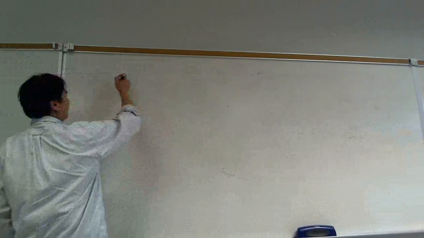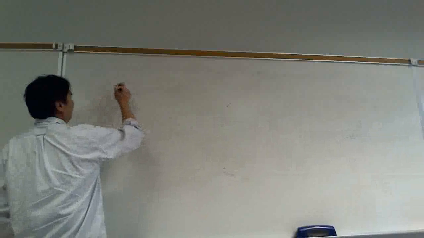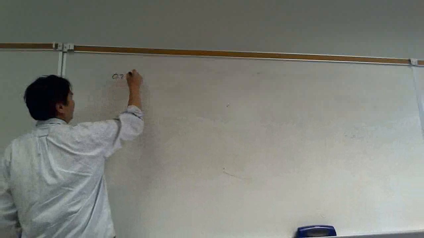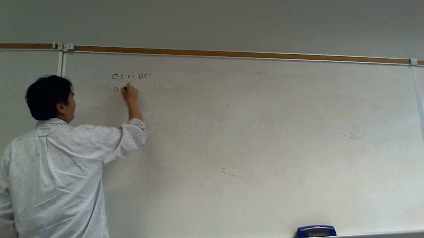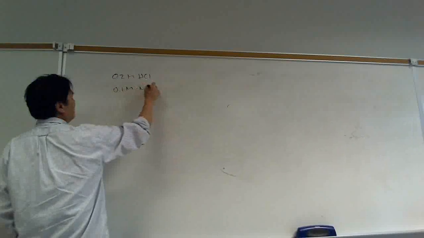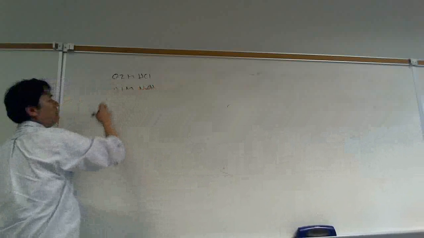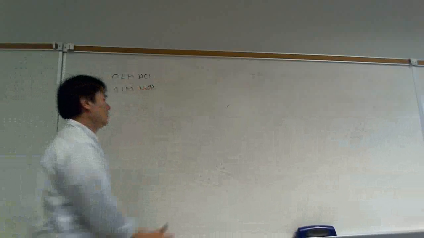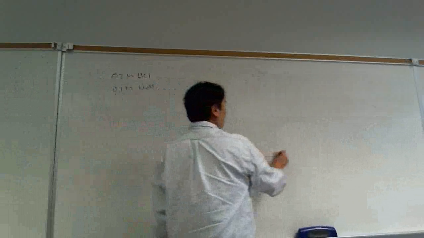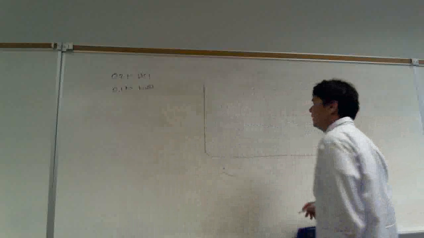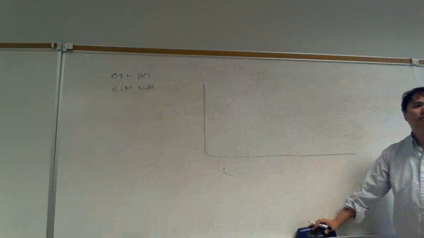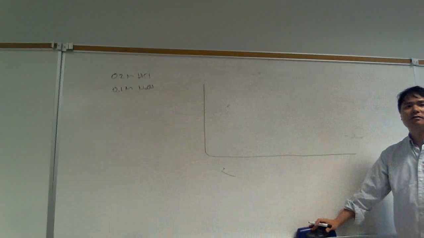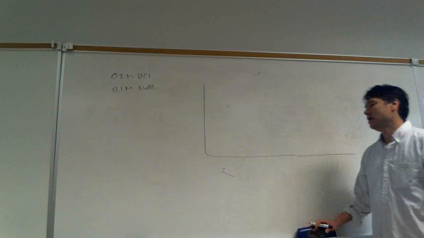The molarities don't have to be the same. It doesn't matter that the molarities are different. The only difference it makes is the volumes, but the points that we have on the curve are still the same.